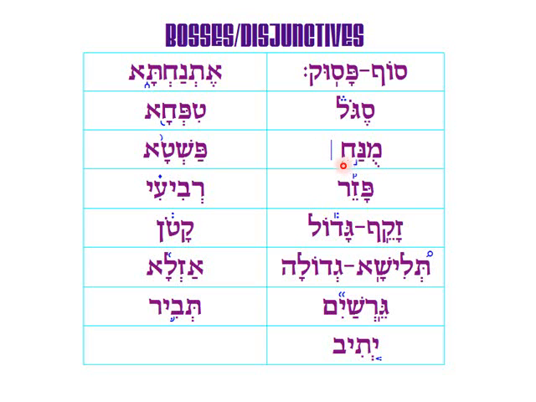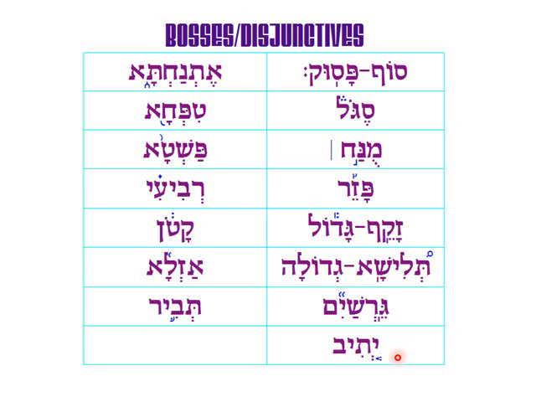Sometimes there's a munach that doesn't have the line. The munach that doesn't have a line is not a disjunctive. It's a connecting trope, and so you would not pause after a munach without a line. But a munach with a line is a pause. Munach, pazer, Zakef Gadol, Talisha Gedolah, Gershayim, Yativ.